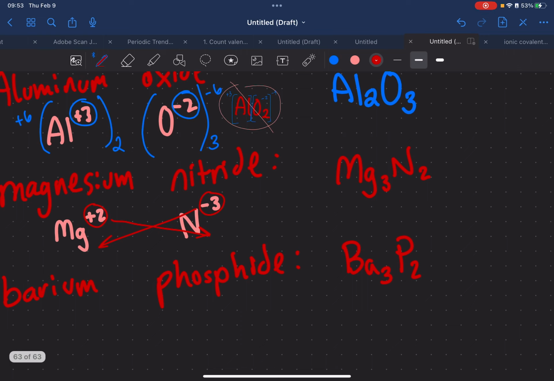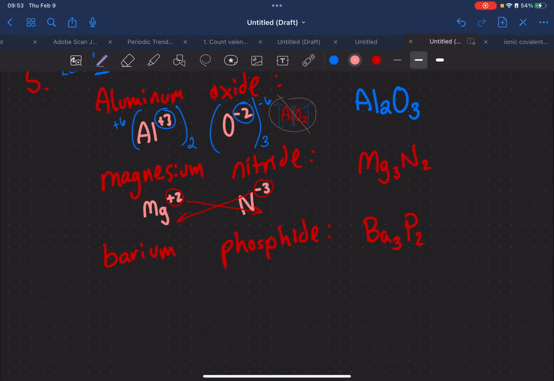That 3 becomes the number of magnesiums we need, and this +2 charge comes over here and becomes 2 nitrides. They just swap places. So this is Mg3N2.